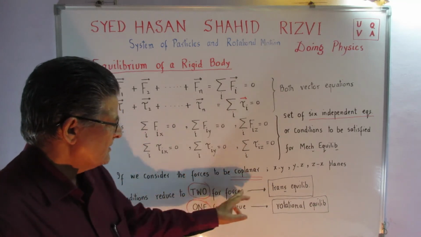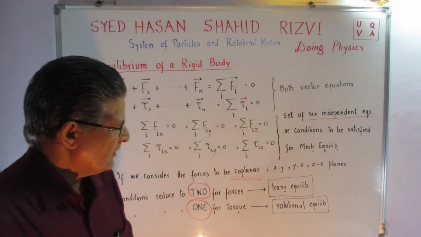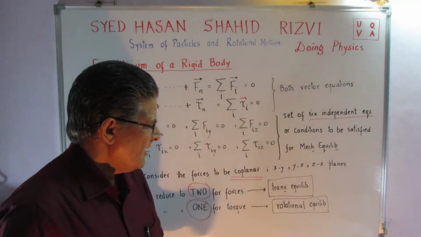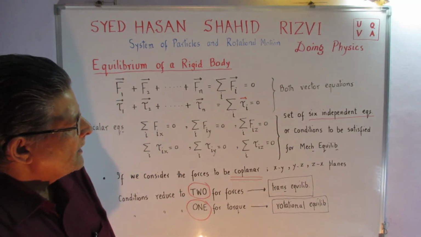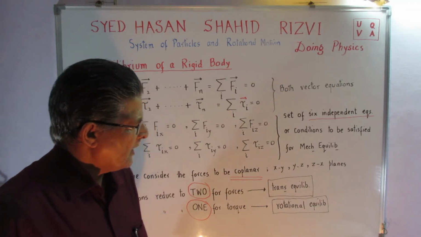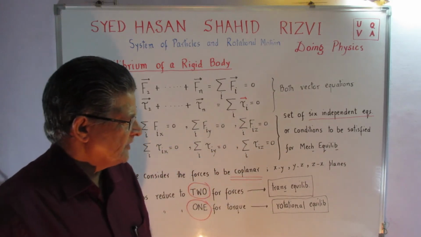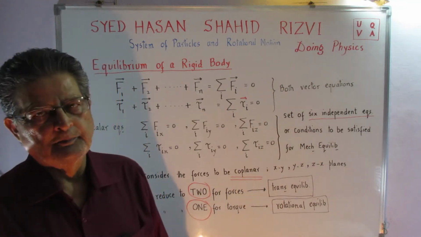The first one of the forces becomes essential for the translational equilibrium, and this becomes instrumental in explaining the rotational equilibrium. Equilibria, translational and rotational, have been described as absolute equilibria.